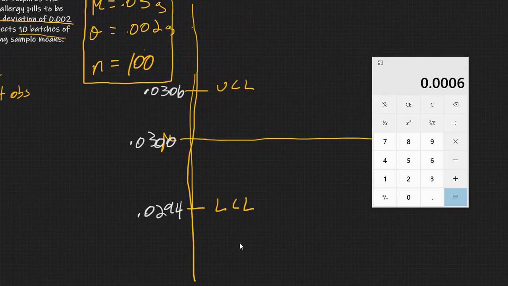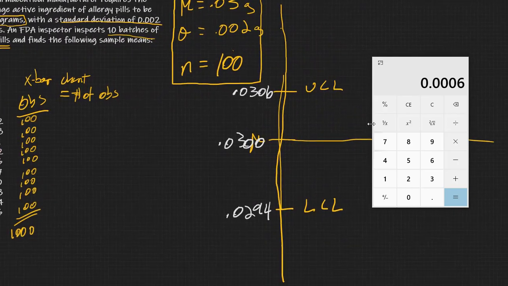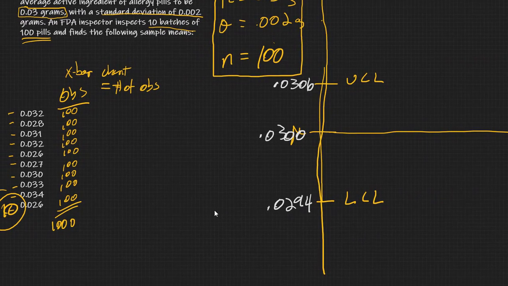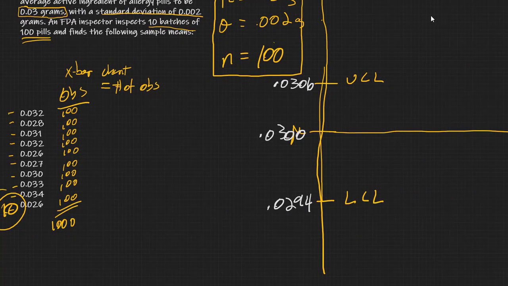Now I'm going to look at my observations and write them out. 0.032, this is where decimals are important, right? This is not 0.0302.